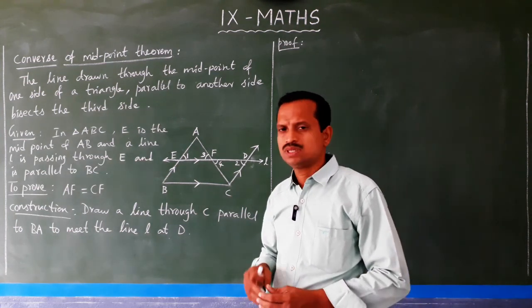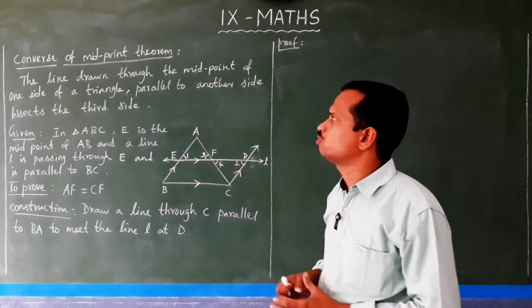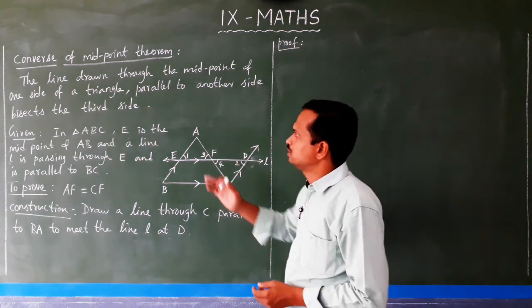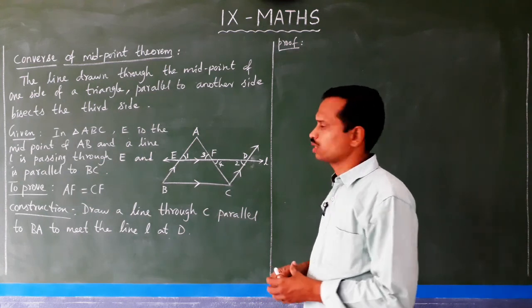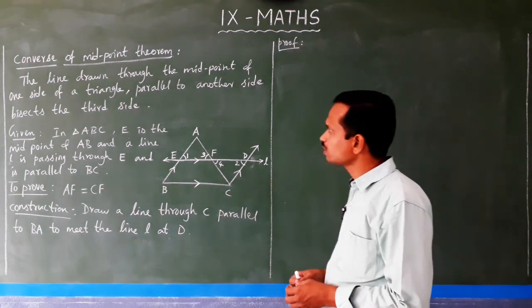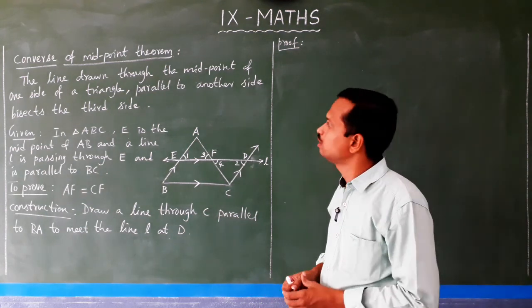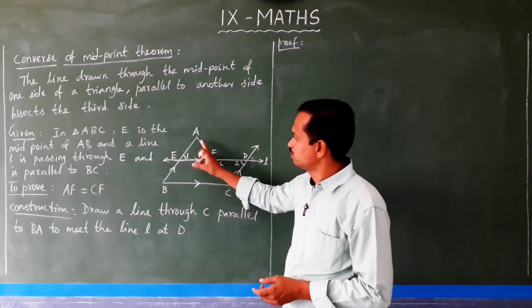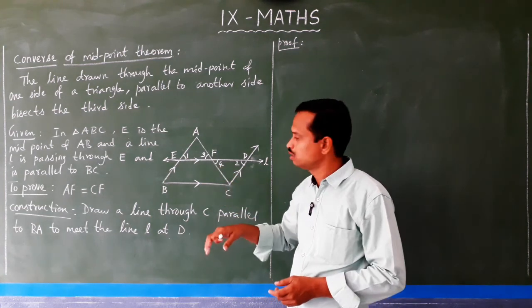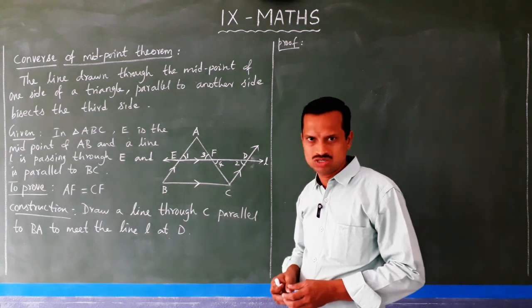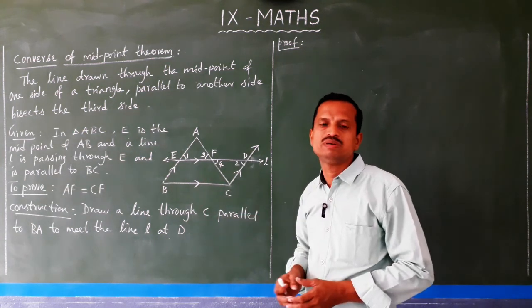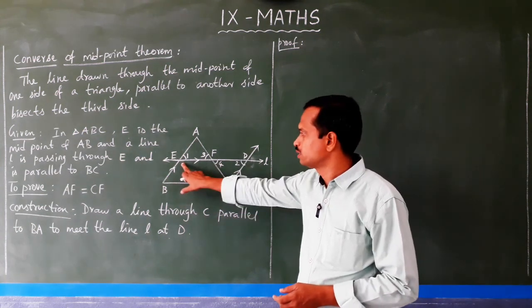But now here, in the reverse way, that is the converse of the midpoint theorem, what does it say? The line drawn through the midpoint of one side of a triangle. That means we take here ABC, a triangle, AB is one side and E is the midpoint of AB.